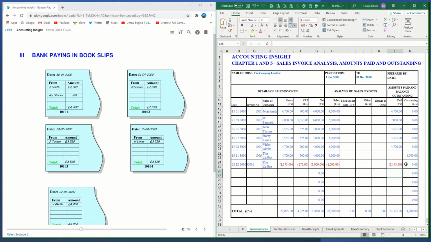That will set that to 0, and then we put in here plus 1,175. So we've updated our list of debtors, and the sales invoices that are not yet paid up is just this one that relates to the coffee shop, and the amount outstanding is 3,525.